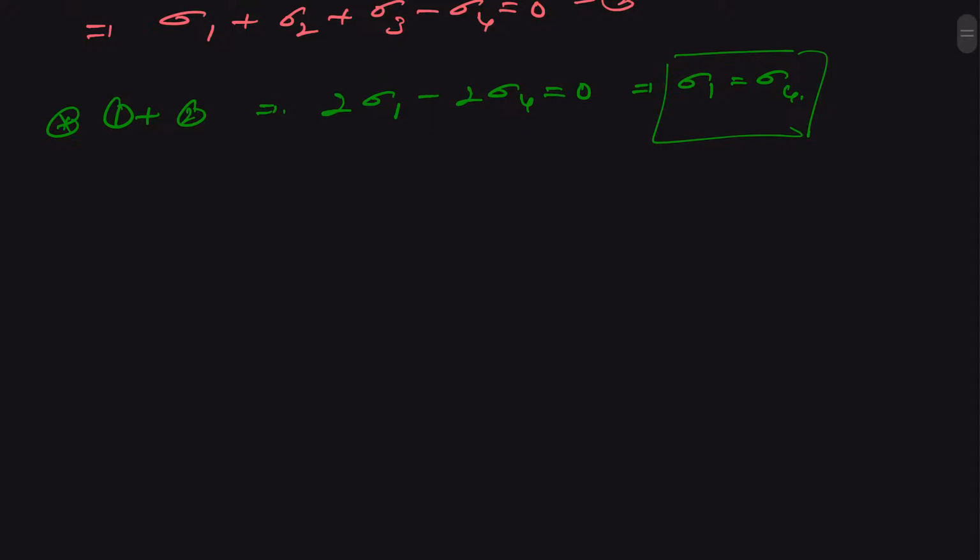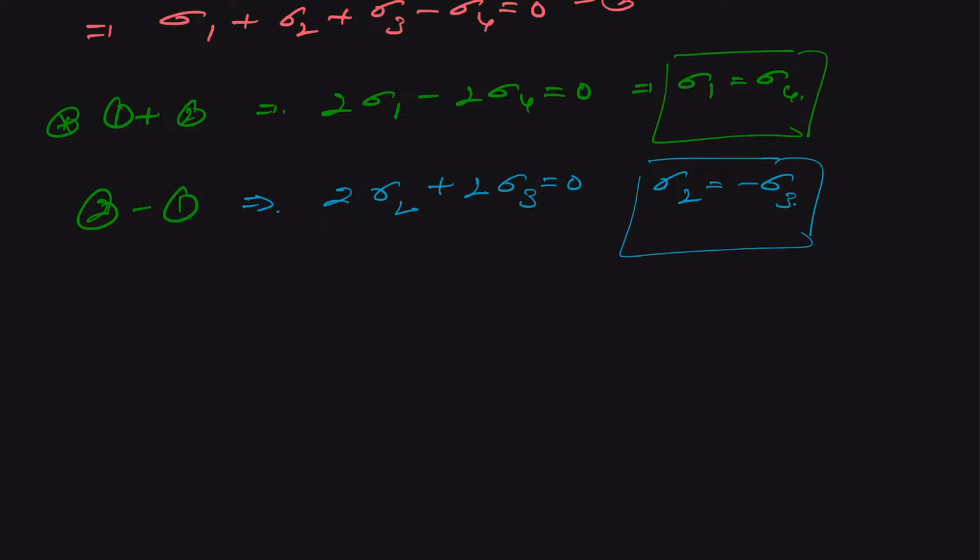And if we subtract 1 from 2, 2 minus 1, this is going to give us twice sigma 2 plus twice sigma 3 is equal to 0, which gives us sigma 2 is equal to minus of sigma 3.